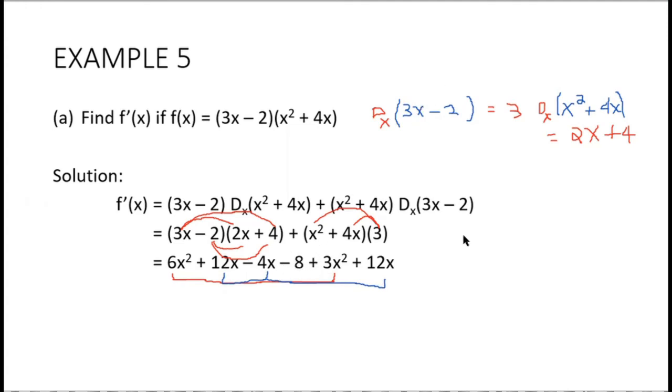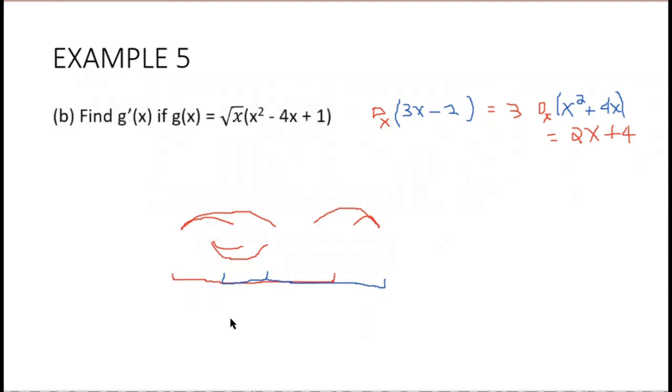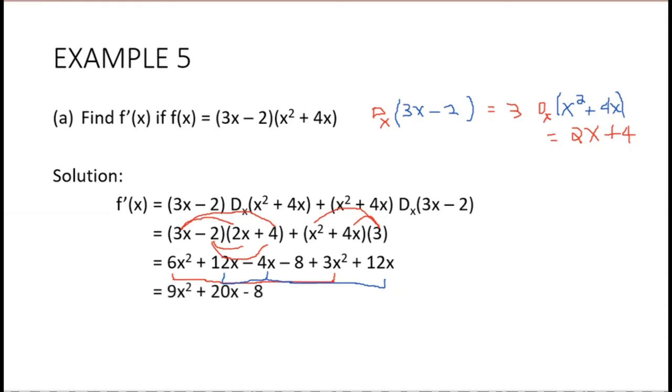So we have the result. So 6x squared and 3x squared is 9x squared. Magiging ano to, 8x plus 12x, 20x. Then bring down negative 8. Okay, so ito ngayon yung ating final answer. And that's it.